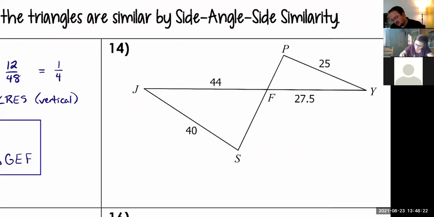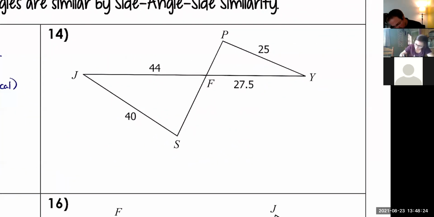Number 14, similar situation here. We have two sets of sides here. We have another vertical angle. Uh-oh. Unfortunately, the included angle would be angle J and angle Y. And do I have enough information right now to say that those are congruent as well?